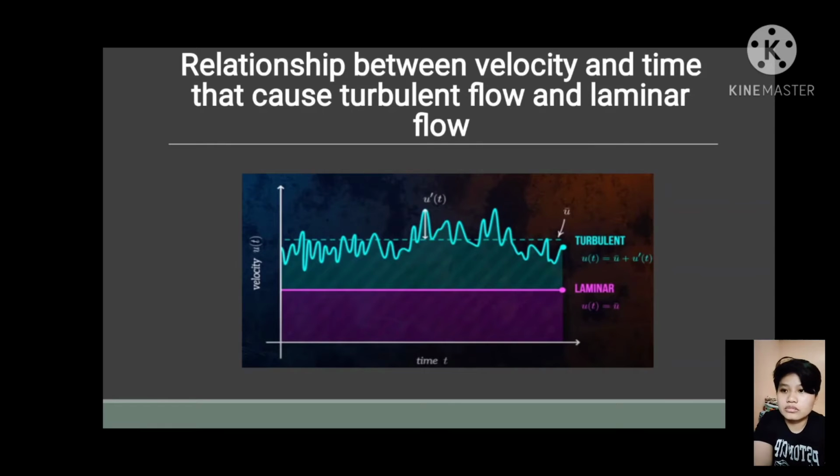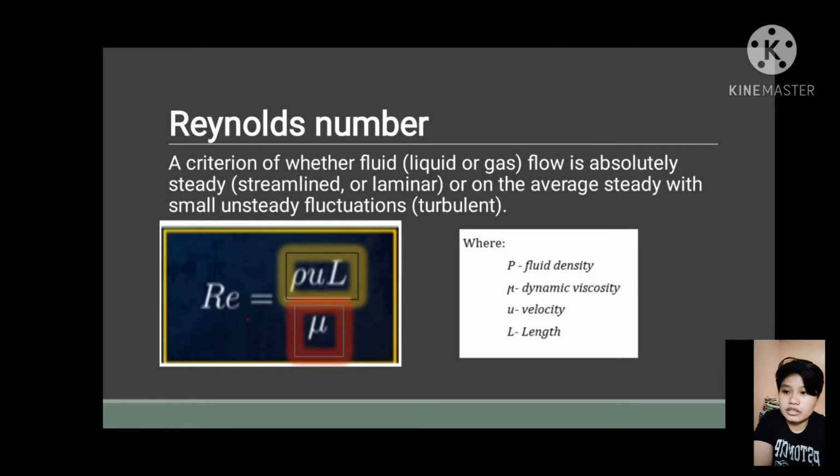So, Reynolds number. It is a criterion of whether fluid, liquid or gas flow is absolutely steady, streamlined, or laminar, or on average steady with small unsteady fluctuations, which means turbulent. So Re is equal to rho V L over mu, where rho is the fluid density, V is velocity, L is length, and mu is the dynamic viscosity.